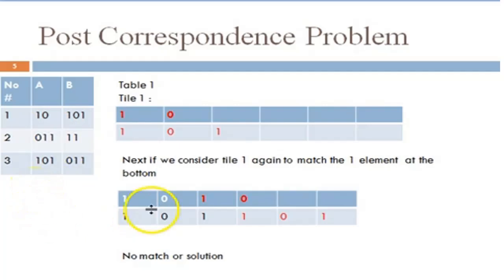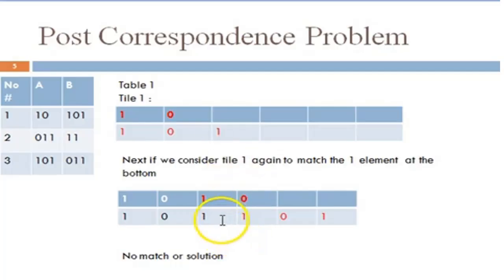Now, when we place tile 1, we get the sequence 1 0 on top and the sequence 1 0 1 at the bottom. Now we find that the 1 at the bottom has no match. Therefore, we need to consider another tile. Let's say that we go for tile 1 again.